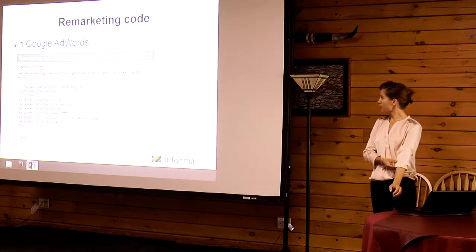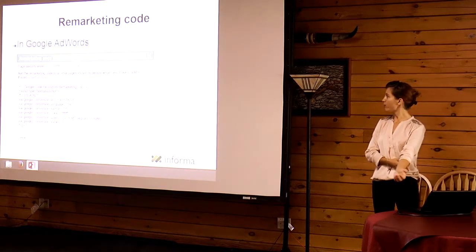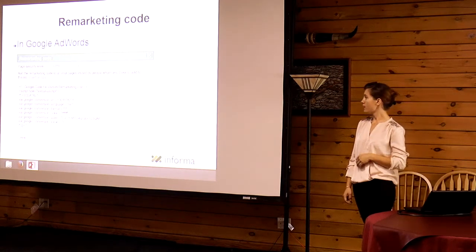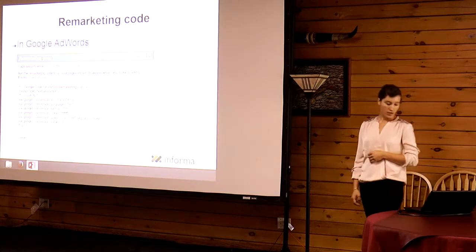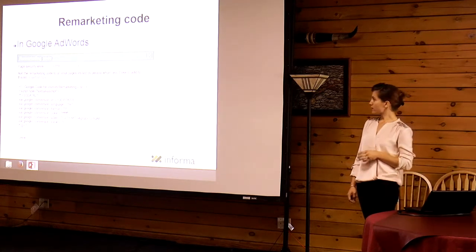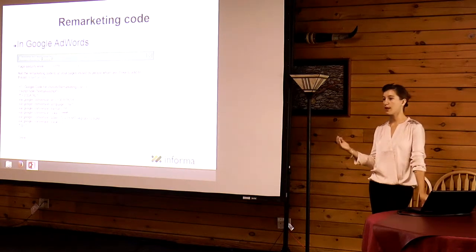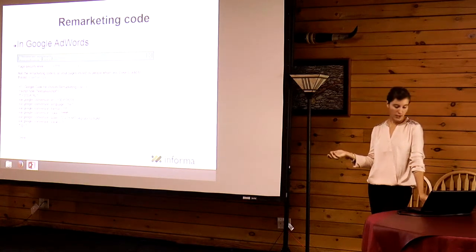First, you begin by placing a remarketing code or remarketing tag on your website. You place a single tag on all pages of your website, and then you can create different remarketing lists by using rules.